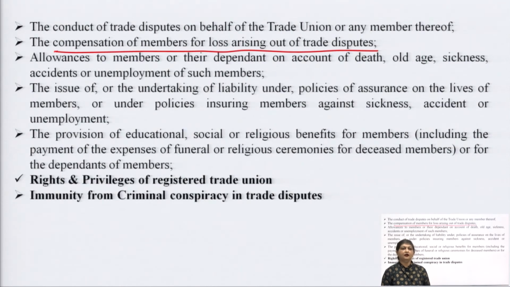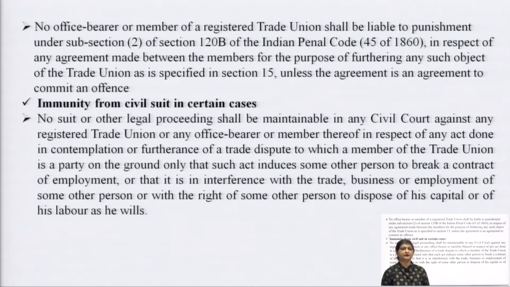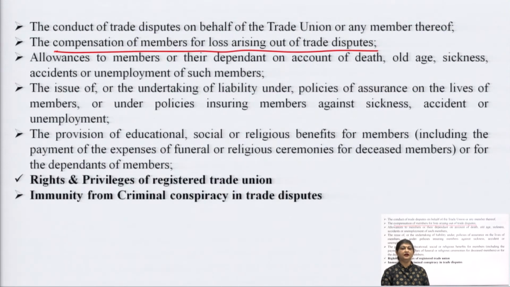Basically, all the members of a registered trade union are immune from criminal conspiracy in trade disputes. But if the trade union is not registered, this immunity will not be given to the office bearers of the trade union.